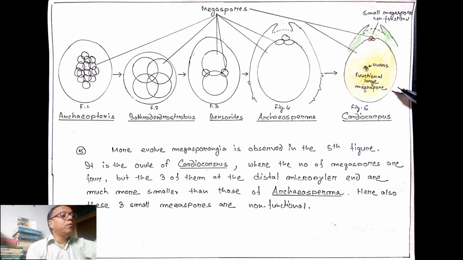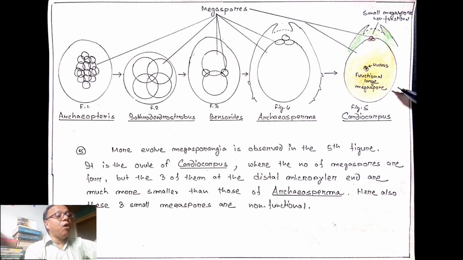Now, we have to study figure number 5. In this case, a more evolved Megasporangium is observed. It is the ovule of Cardiocarpus. Here the number of megaspores is 4, same as that of Bensonites and Archaeosperma.